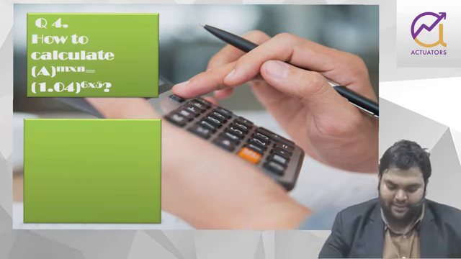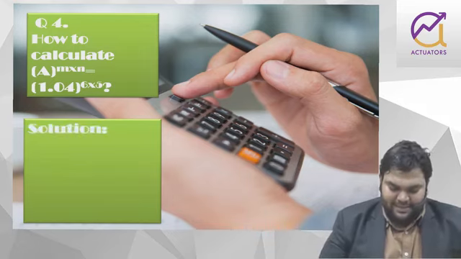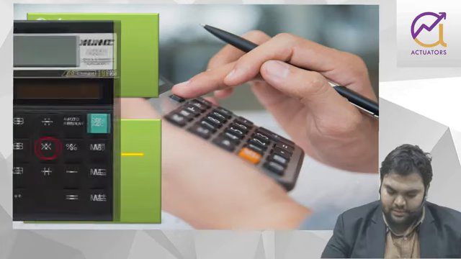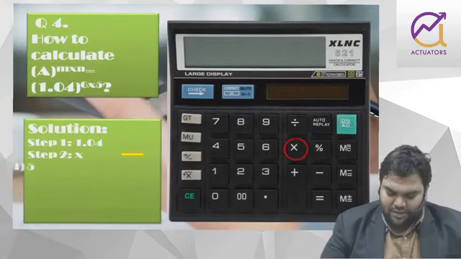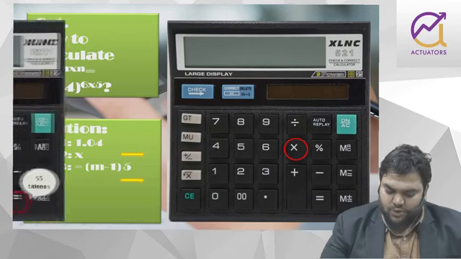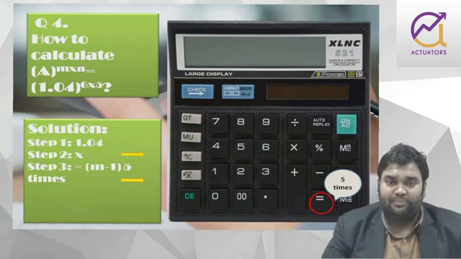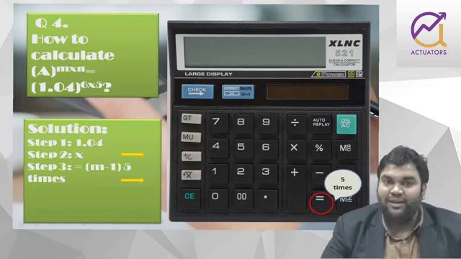Clear? Look at this. Please press 1.04, then press into once and then press equals to 5 times. As soon as you press equals to 5 times, you have got the answer for 1.04 whole to the power 6. Clear?